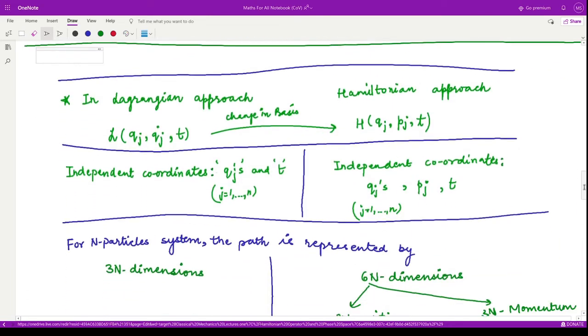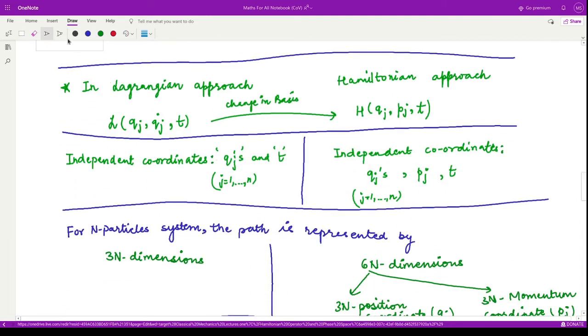Moreover, in the last video we compared the Lagrangian approach with the Hamiltonian approach. Let us make a few more remarks regarding this. In the Lagrangian approach, we used the basis set Qj, Qj dot and T, whereas in the Hamiltonian approach our basis set becomes Qj, Pj and T, where Qj's are the generalized coordinates, Qj dot are the generalized velocities, Pj's are the generalized momenta, and T represents time.